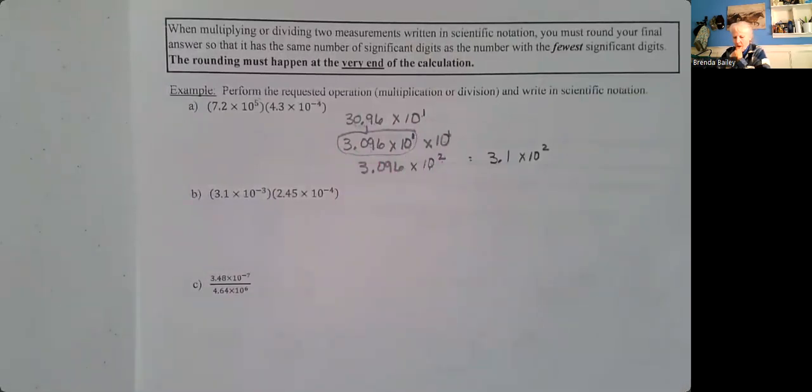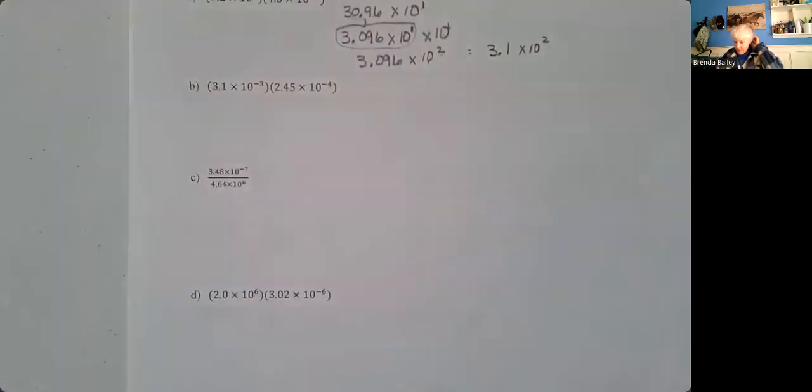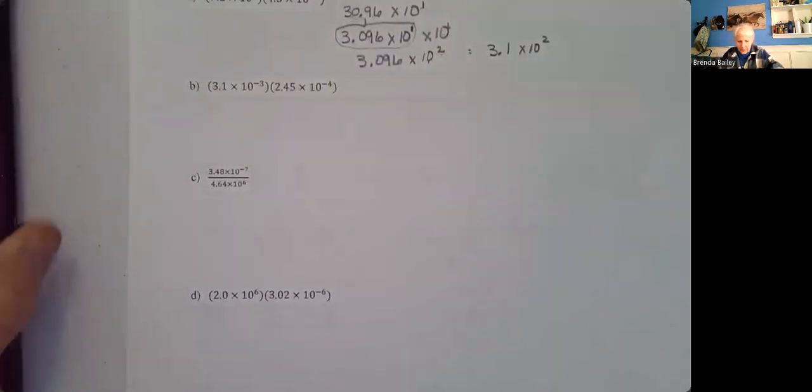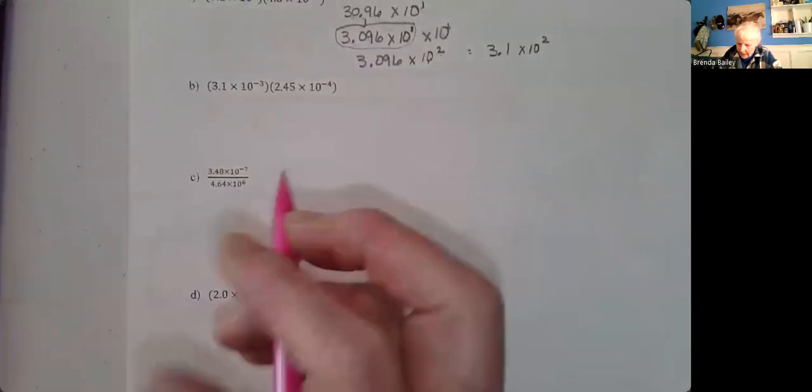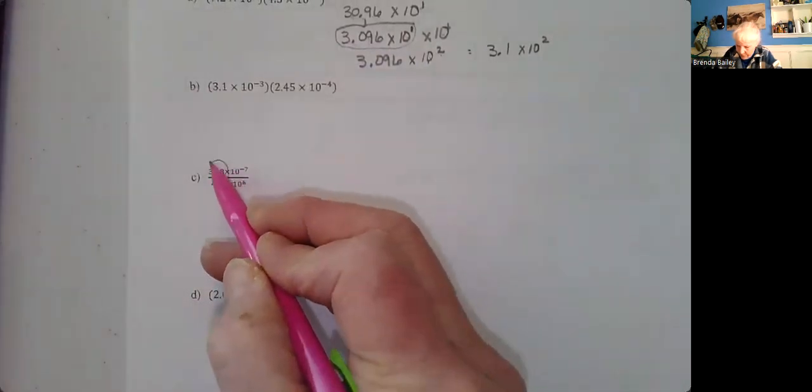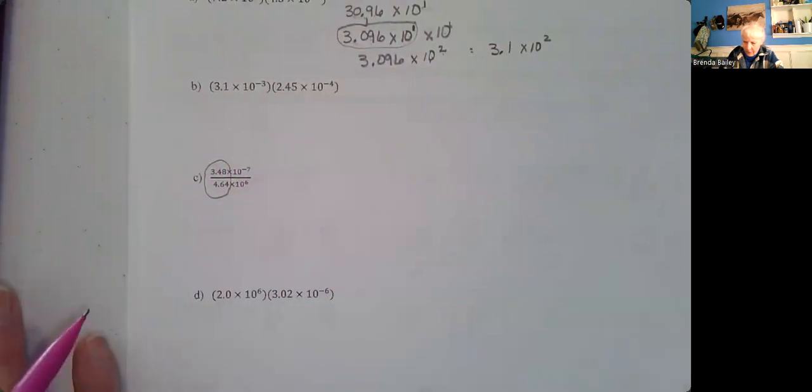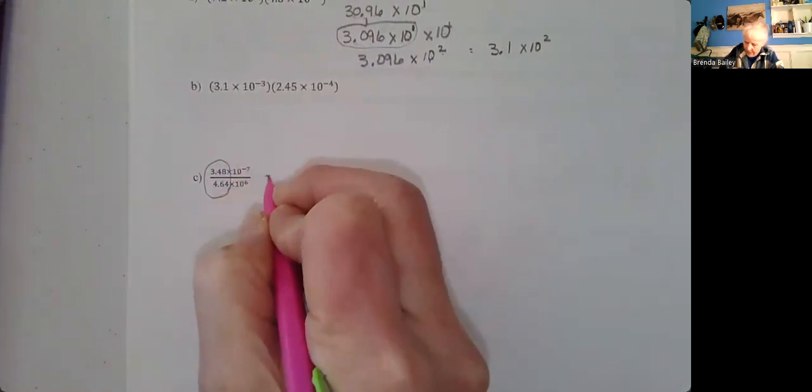So let's try a division one here. Be our last one for this video. I would take and divide these two. So 3.48 divided by 4.64. 0.75.